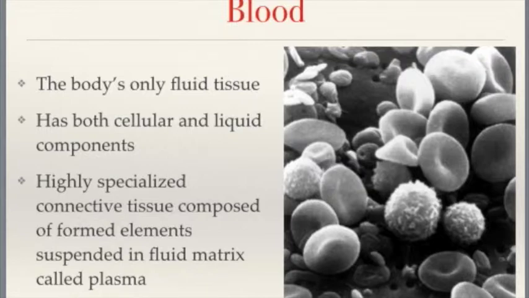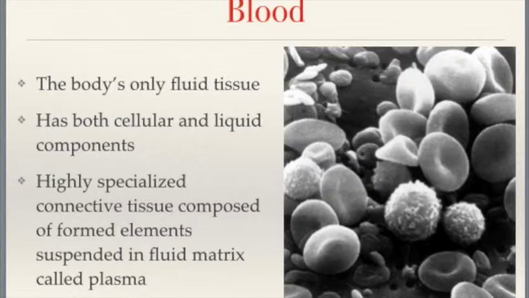I guess the big difference between blood and other types of connective tissue is the absence of collagen, and elastic and reticular fibers, and that's why blood is fluid and not more of a gel-like material like our connective tissue, because it's lacking those fibers. Blood does, however, have dissolved proteins that during the clotting process can actually turn into fibers, so it is very similar to connective tissue in that sense. It's just missing those fibers.